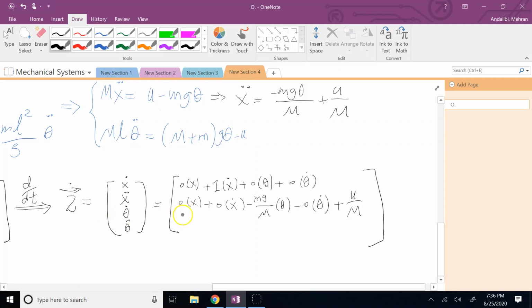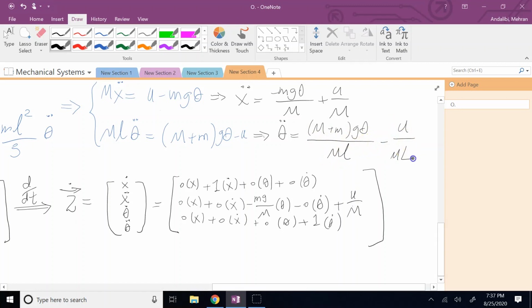Now theta dot is simply, there is no x in it, there is no x dot in it, there is no theta in it, there is one theta dot. And theta double dot, if you solve for it from here, is going to be plus m times g theta over ml, and then minus u over ml. Right?